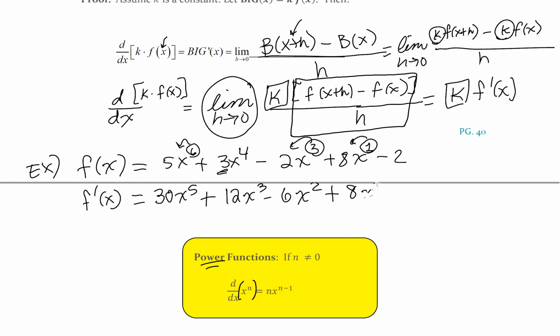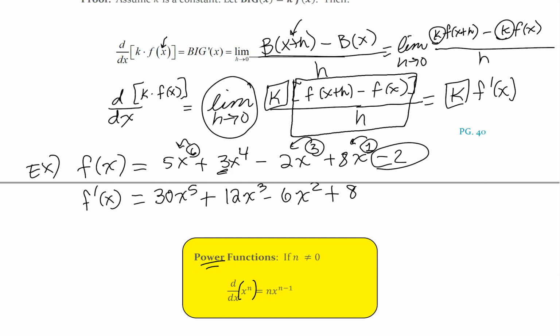So we don't need to write that x to the 0 power. That will just be 8. And then the derivative of a constant is 0. So now, given the rules that we have so far, we can take the derivative of a polynomial.